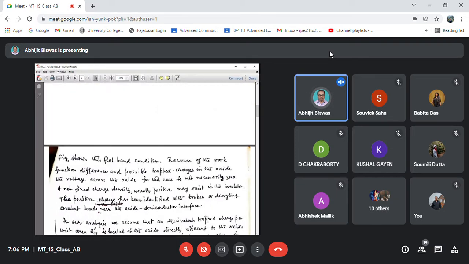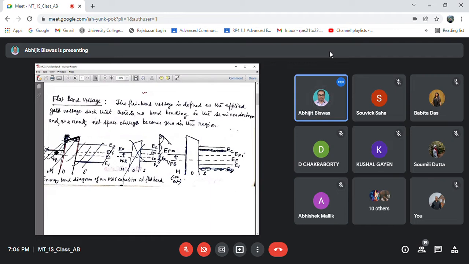And in this condition, can anyone explain why we need to apply some gate voltage to make the bands in the semiconductor flat? If we do not apply any voltage across this MOS structure, our intuition is that the bands will be flat, but it is not the case.